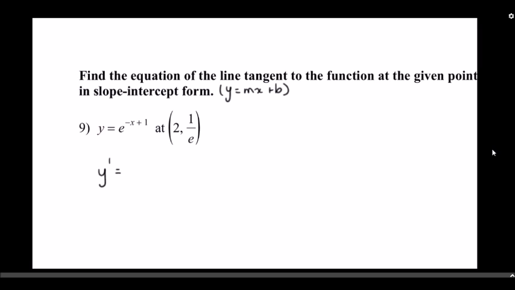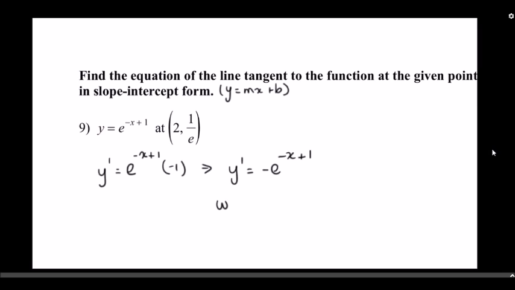The derivative of e to the u, where this expression here is u, is e to the u. So e to the negative x plus 1, now times the derivative of the exponent, which is negative 1. So y prime equals negative e to the negative x plus 1.